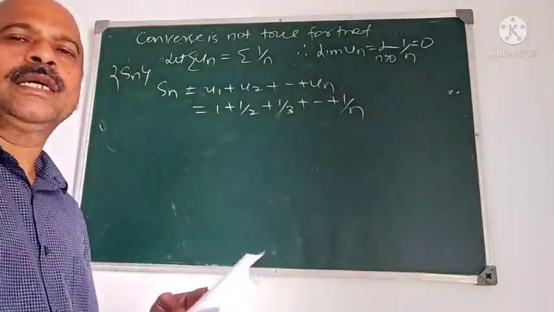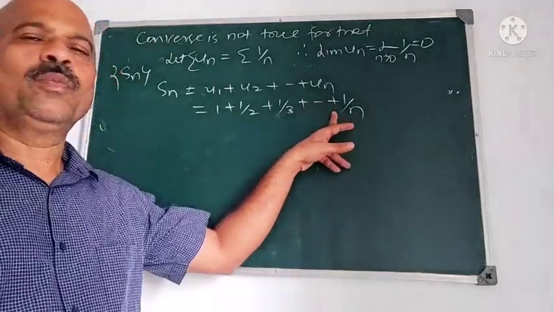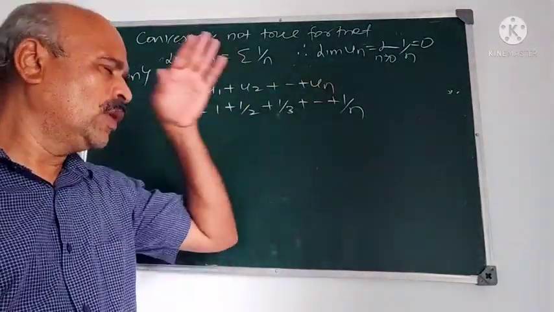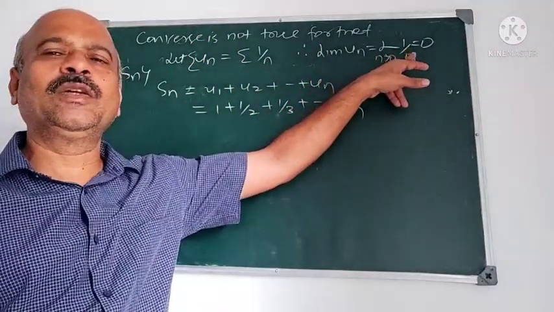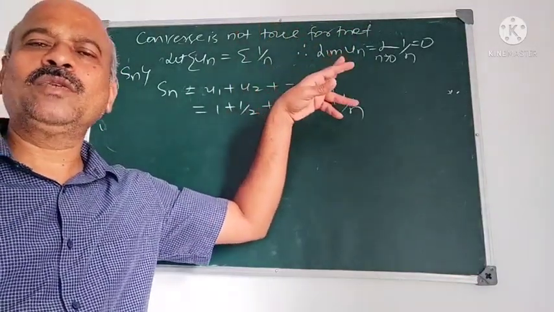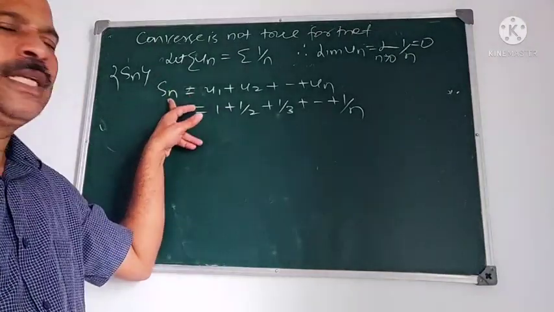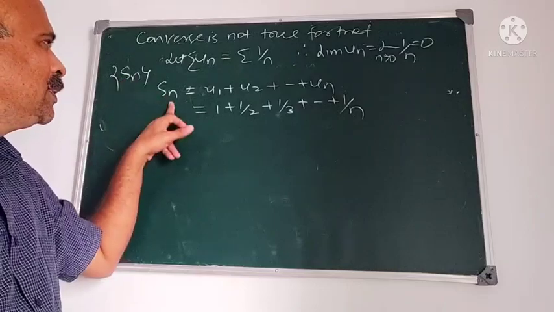Now I think you remember this one. Using Cauchy's criteria, we have proved that this doesn't converge. What do we have to prove now? We have to prove that if limit un is 0, then sigma un need not converge. When do you say that sigma un converges? If the sequence of partial sums converges.